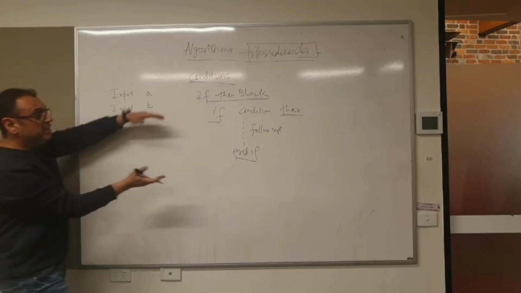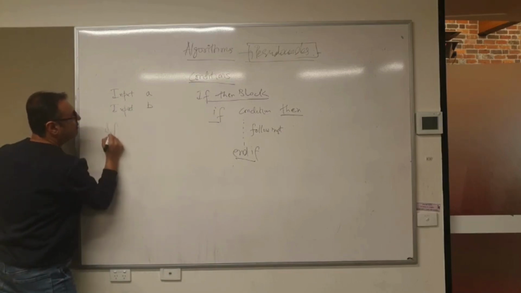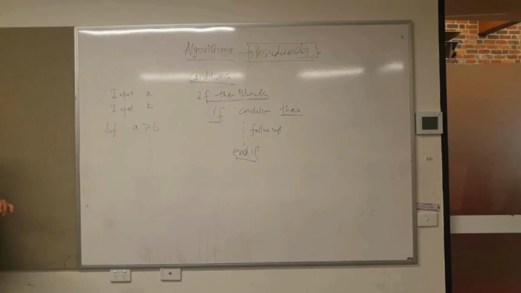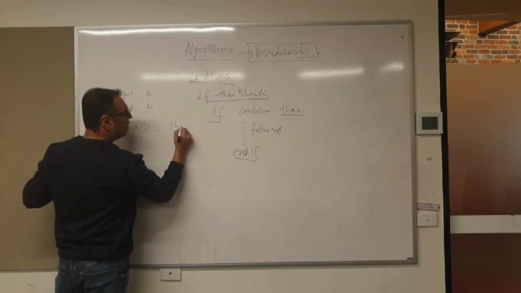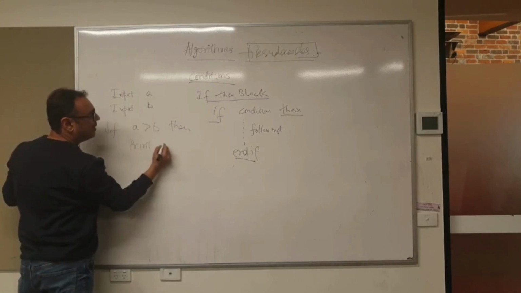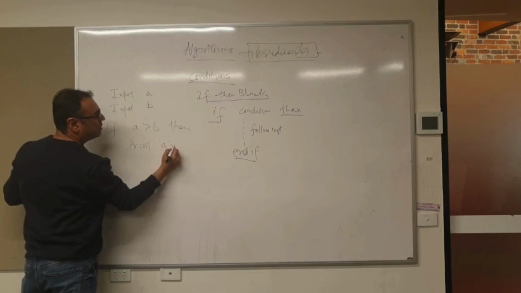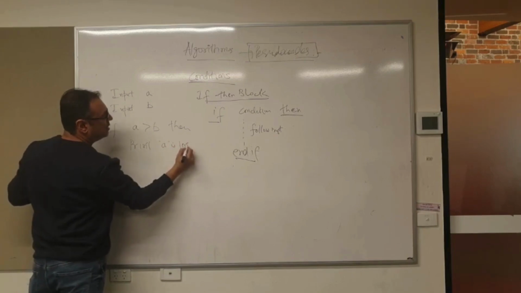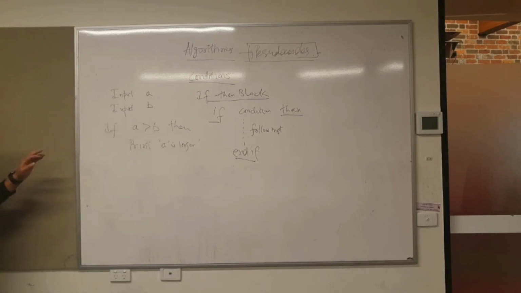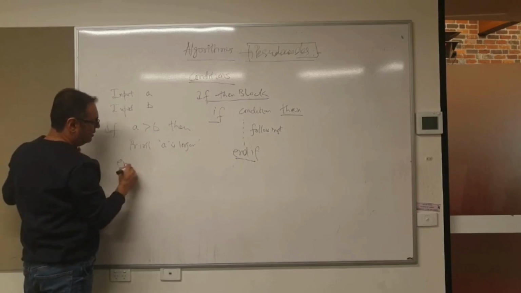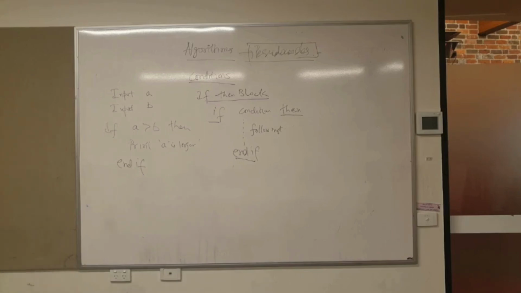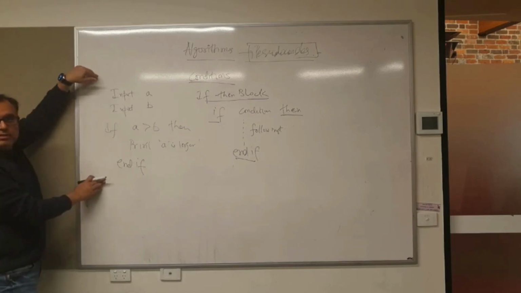And then I use this if then block, and I say if A is greater than B, then I say print A is larger, right? And I say end if. So this is how you use it.